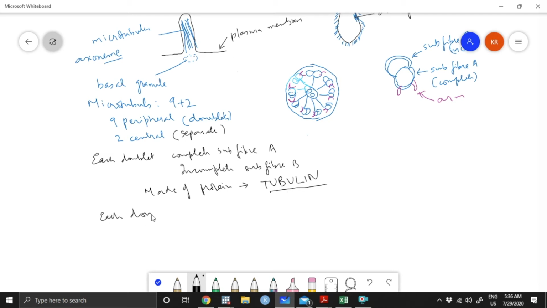Each doublet is connected to the central microtubule by a spoke. So these are all the spokes.